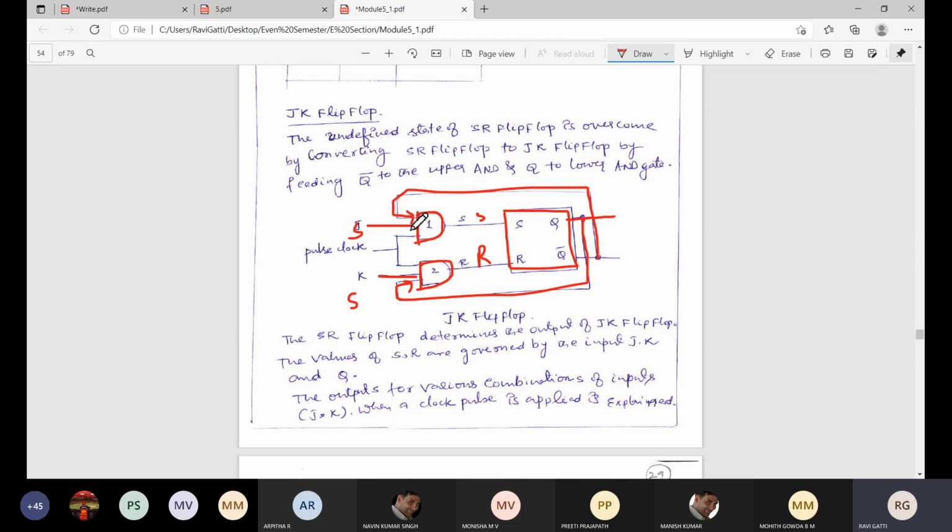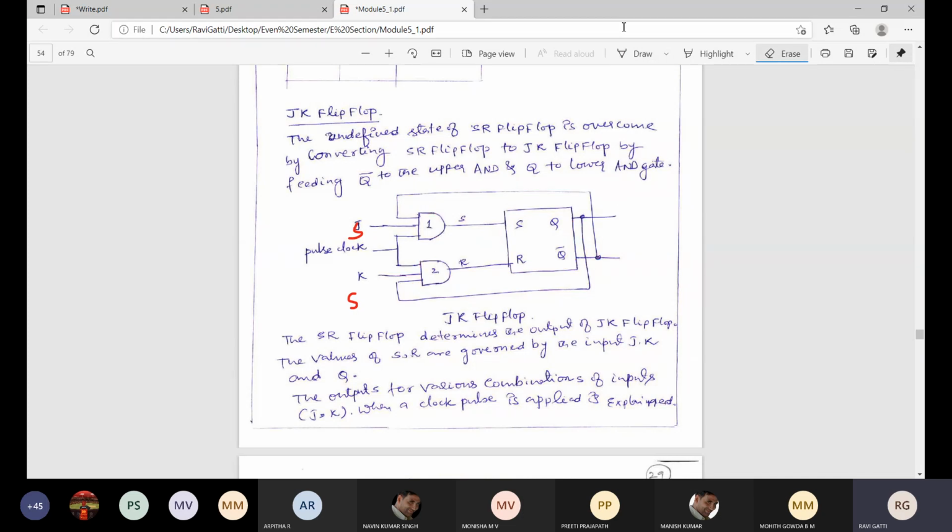Did you understand how I have created this JK flip-flop circuit? Understood? Okay, so I have taken the same SR flip-flop, but I have created one feedback loop.